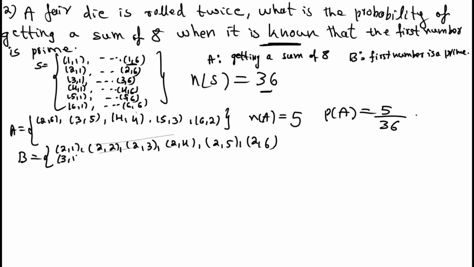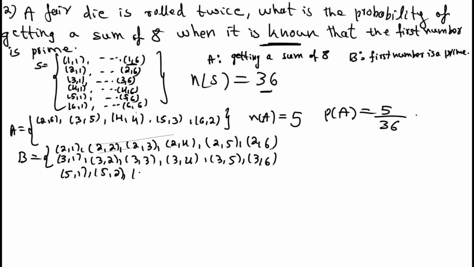Similarly, you will get 3 1, 3 2, 3 3, 3 4, 3 5, 3 6. See the first number of each outcome, that is a prime. Then one more prime number is there, that is 5 1, 5 2, 5 3, 5 4, 5 5, and 5 6. Okay, these are the possible outcomes.